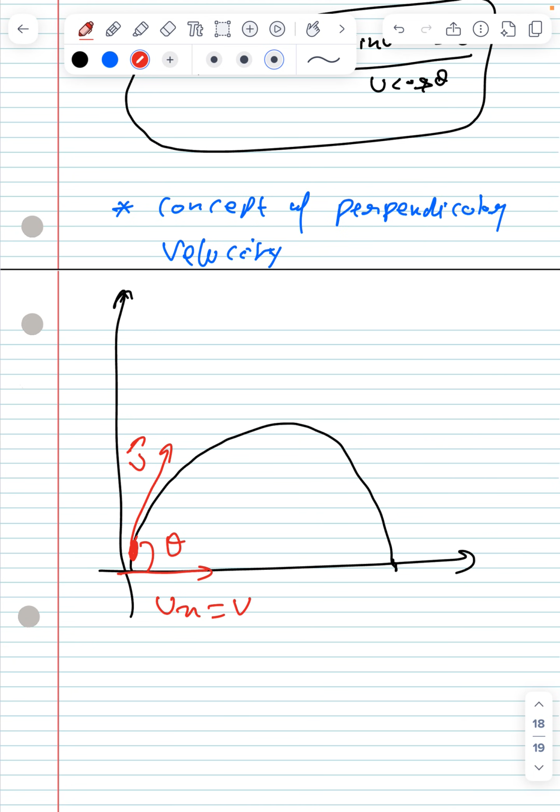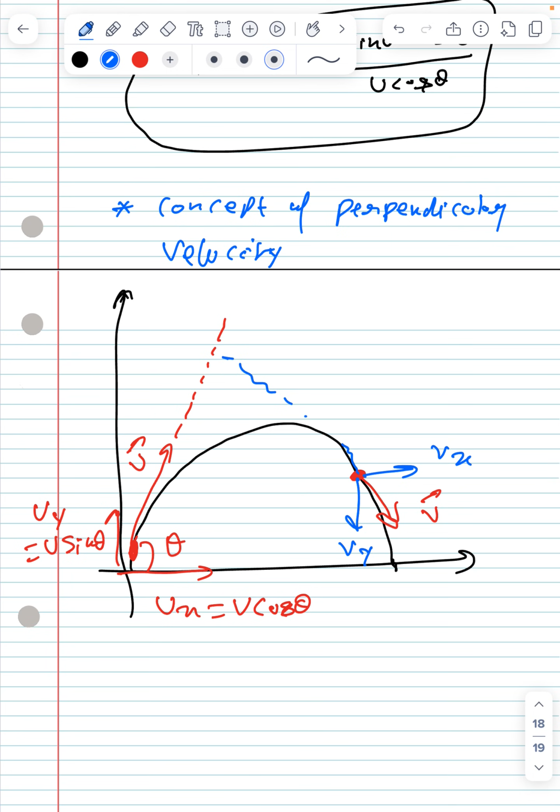Suppose this is a coordinate system, and a particle is projected like this from this point. The projectile velocity at the initial point along this direction is vector u, with components with respect to theta: ux equals u cos theta, uy equals u sin theta, right?